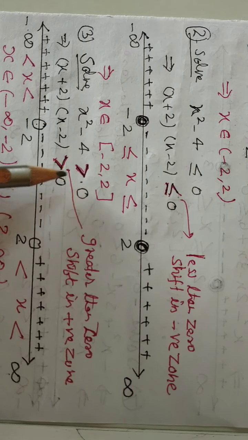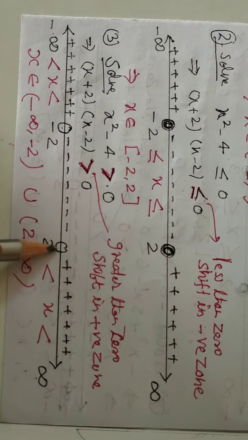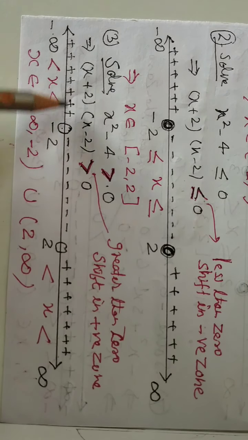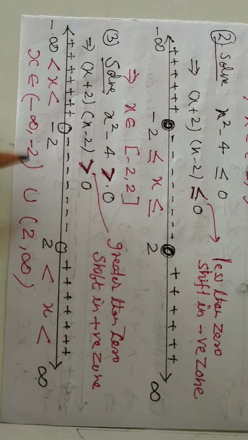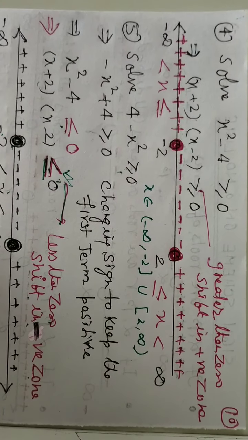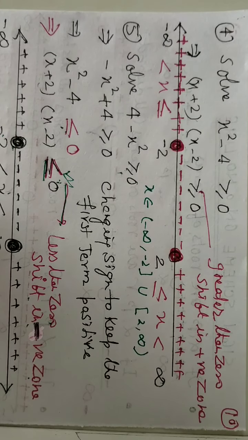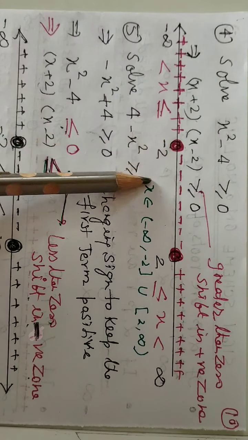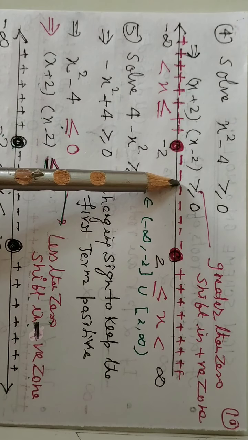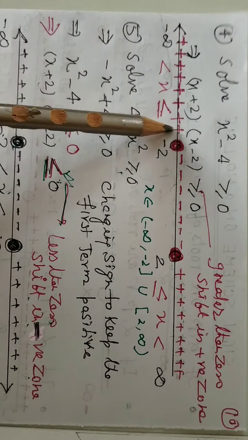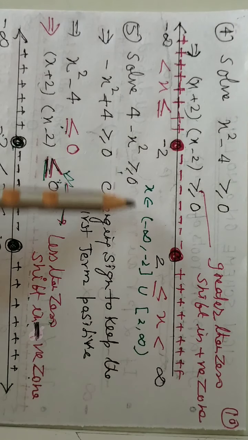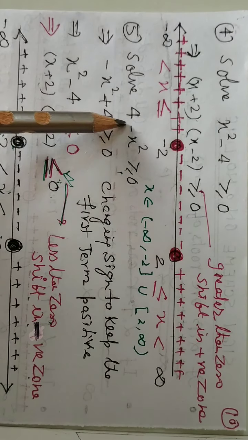In this question, greater than 0 means we have to take the positive side. So this side, 2 onward, minus 2 leftward. So this is the answer. Again solve this, factorize this. Again greater than 0 means we need plus. So this side is the answer, this can be expressed in interval form.